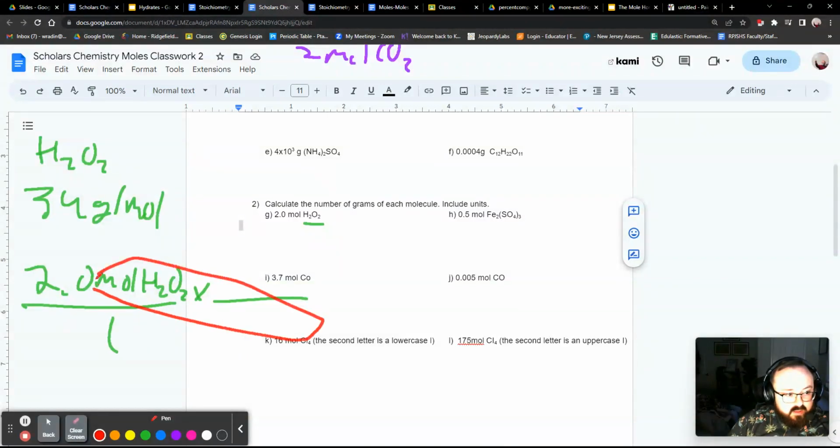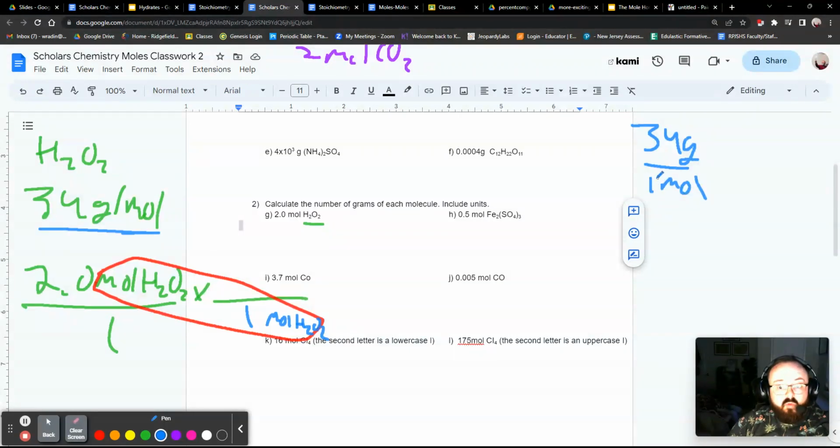In this box, the units must be the same. Moles of H2O2, moles of H2O2. What number goes with it? Remember, this 34 is glued to the g. It's always going to be per 1 mole. 34 grams per 1 mole. Always per 1.